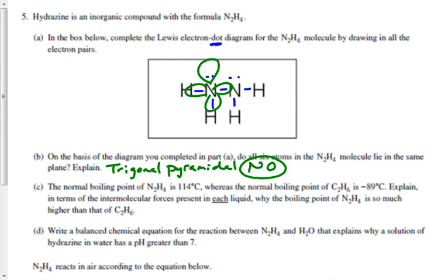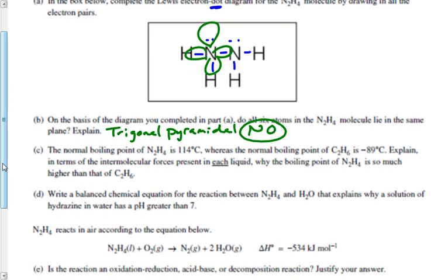C, the normal boiling point of N2H4 is 114, whereas the normal boiling point of C2H6 is negative 89. Explain in terms of intermolecular forces present in each liquid why the boiling point of N2H4 is so much higher than C2H6.